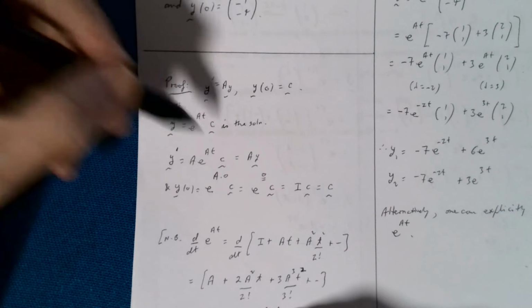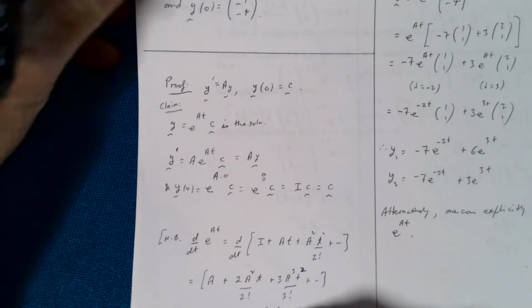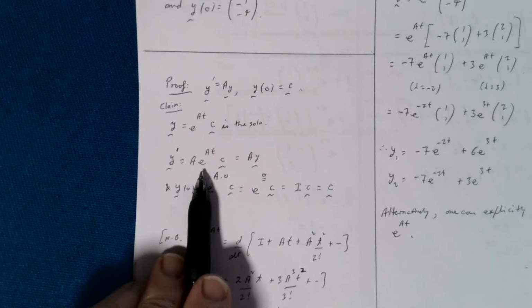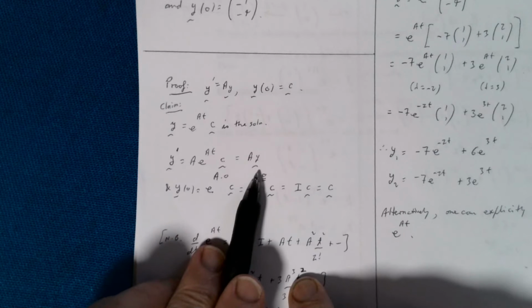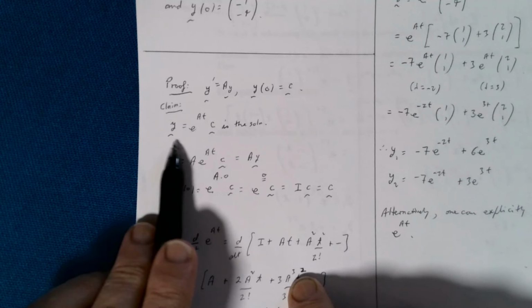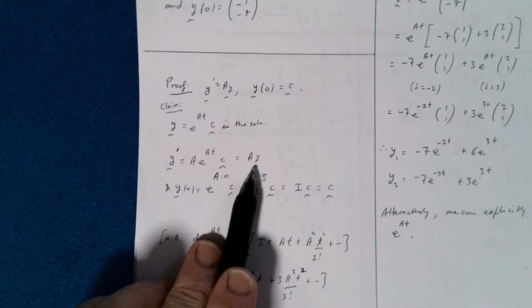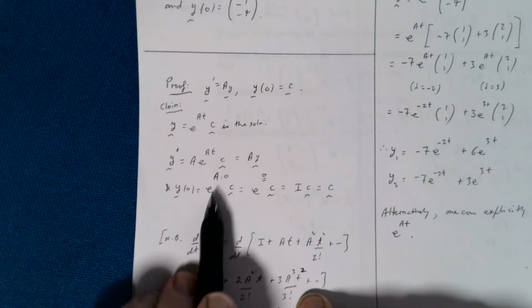Now, you've got to be a bit careful because these are now matrices here. So let me just assume that for the minute, and I'll come back and show you why that's true in a second. And then, of course, e to the At times c is just y. So that means this formula here satisfies the system of differential equations. And if I put t to be 0 in, then you're going to get e to the A times 0.